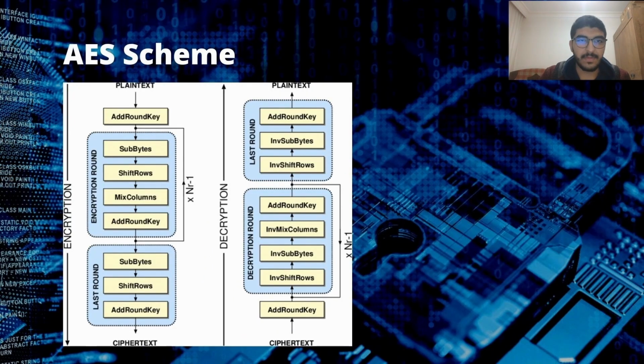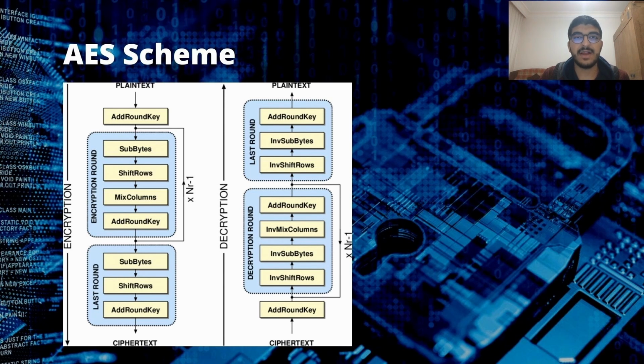Now, when we look at the figure, we can see that we have a plaintext. Plaintext is converted to 16 bytes hexadecimal plaintext. Then we start to apply the encryption operation. Firstly, we are applying add round key.